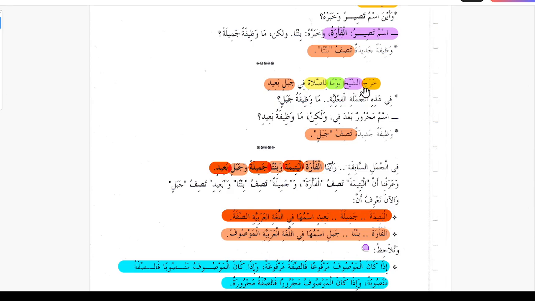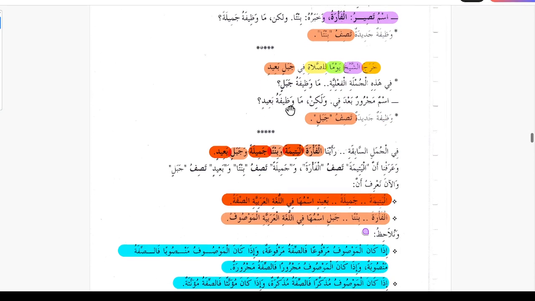So we know kharaja is fail, failu madin mabni al fathi, has a fatha, shaykhu is the fail, marfun with the alamatu rafi ad damma, and yawman is the maful bihi, a day is mansub, and lissalati jarurun majrurun, fi jablin is fi harf of jarrin, and jablin is a majrur.